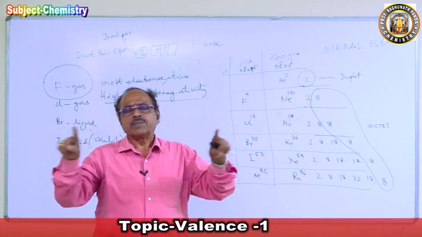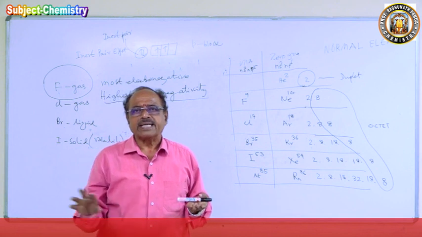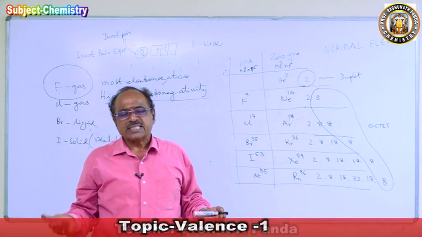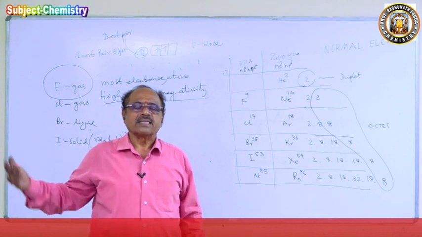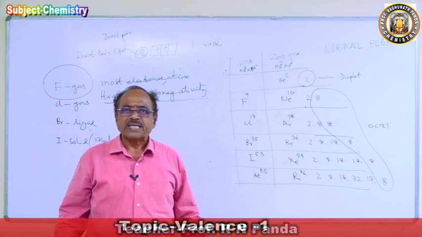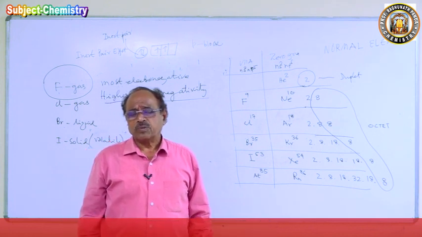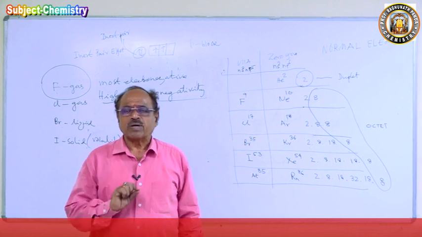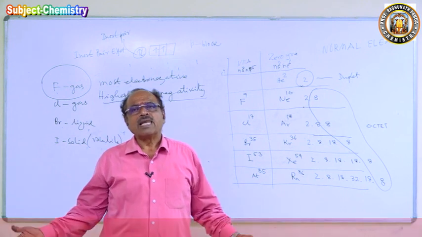The first period has 2 elements, the second has 8, the third has 8, the fourth has 18, the fifth has 18, the sixth has 32, and the seventh has 32. The seventh period is incomplete, the sixth is the longest period, the fifth is a long period, and the fourth has 18 elements. Every day, try to write one period with the symbols and names; it will help you.